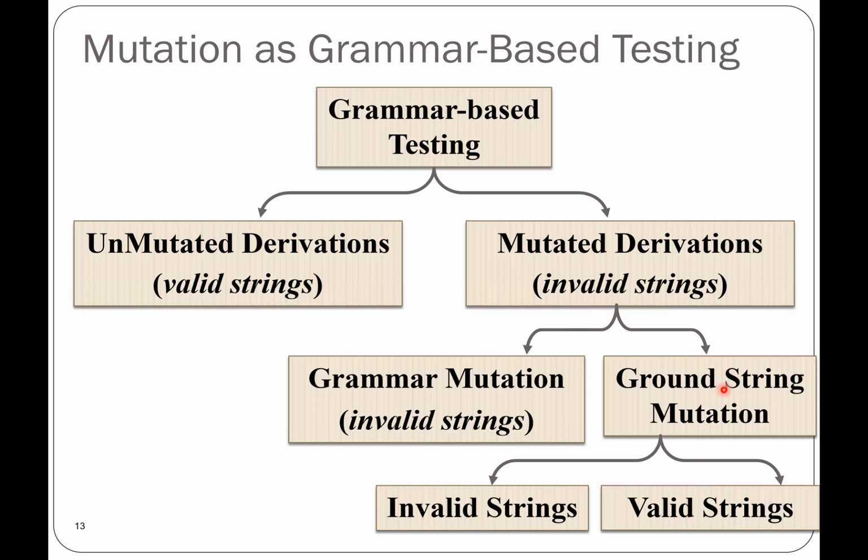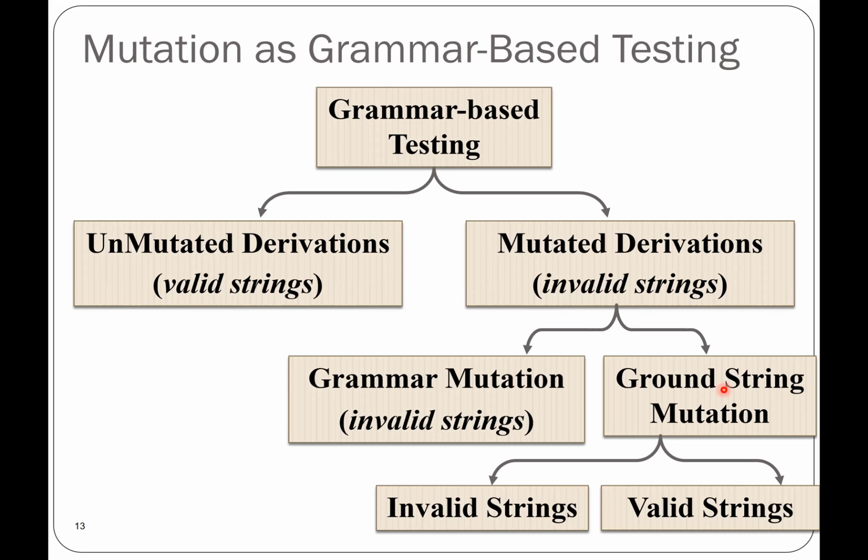And had I created an invalid derivation, or even just created a mutation of that grammar, think about it this way: the compiler at this point might actually compile something that is syntactically incorrect. So it's a very inverse way of thinking about things.